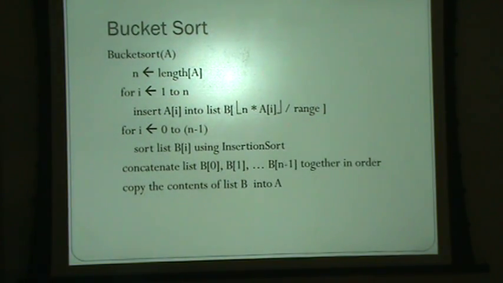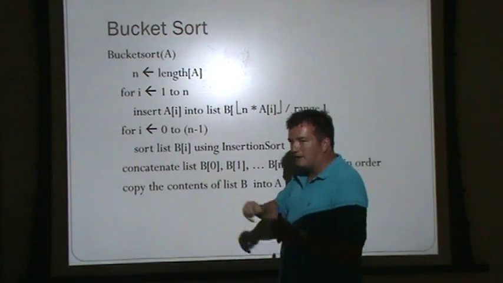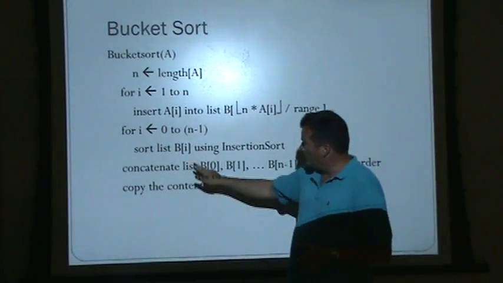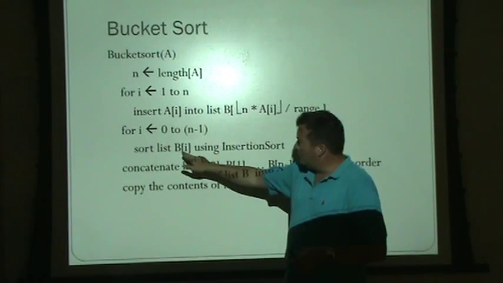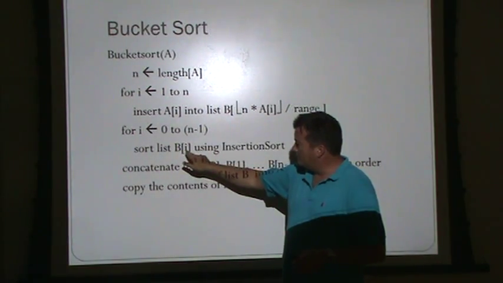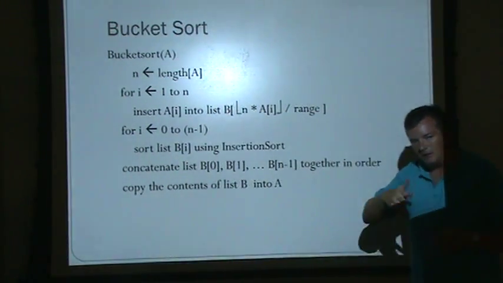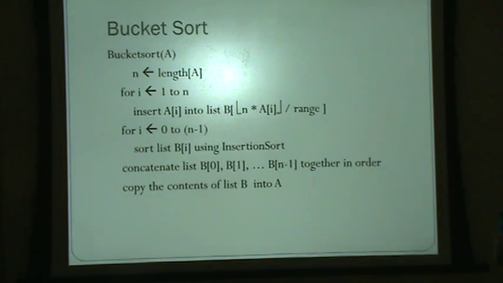We divide them up into some finite set of buckets, throw them onto the end of a linked list, and then at the end of throwing everything into a bucket, we have B, a bunch of arrays, B sub i, and we do maybe an insertion sort. Hopefully they're small enough that the sorting wouldn't matter as much. And then we take all those sorted linked lists and link them together.